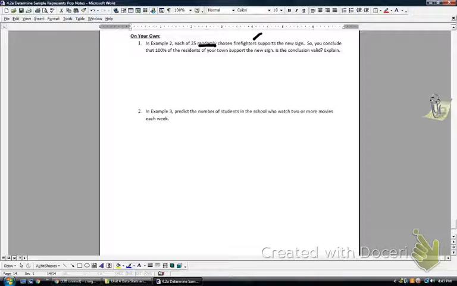So that's only one group within the population. So no, this is not an unbiased sample. This is a biased sample. And so the conclusion is not valid. Firefighters are more likely to support the sign for safety concerns.